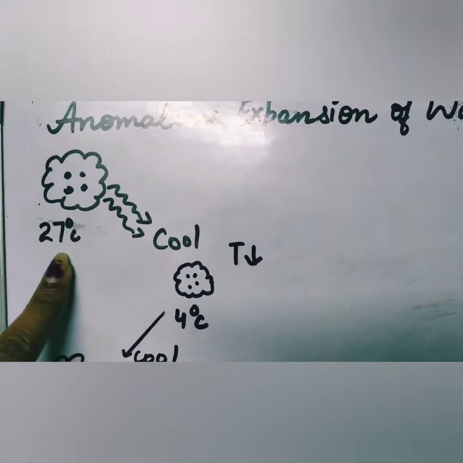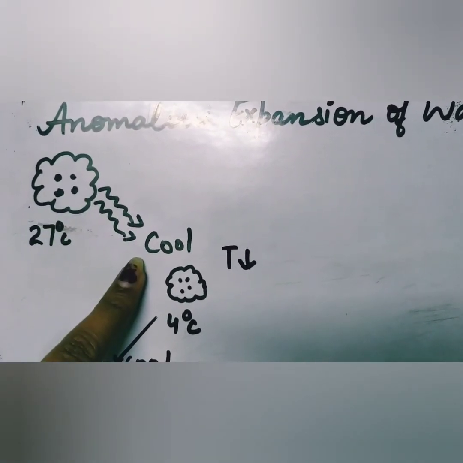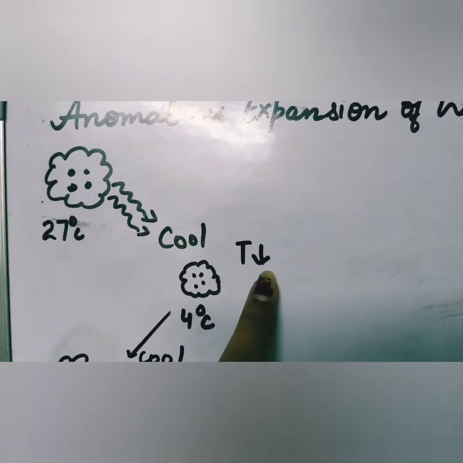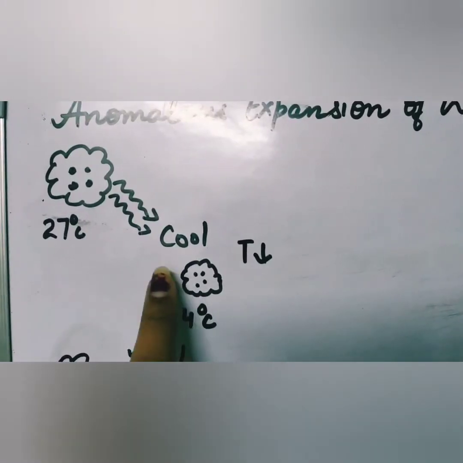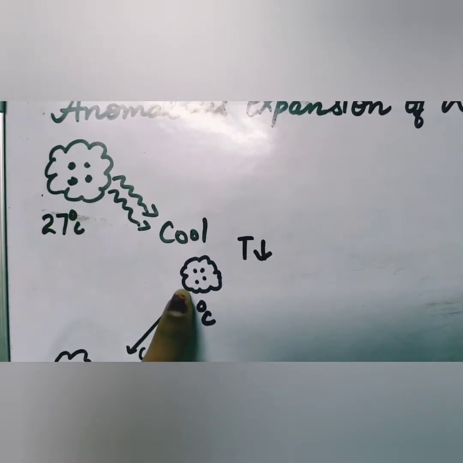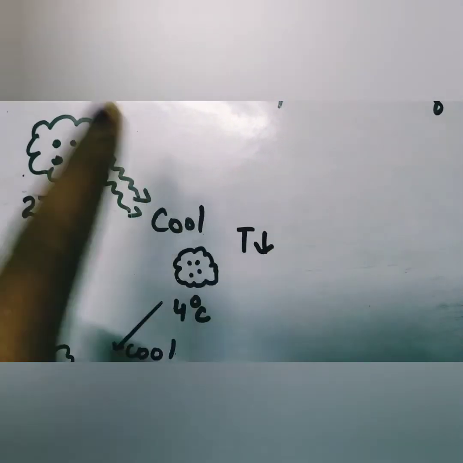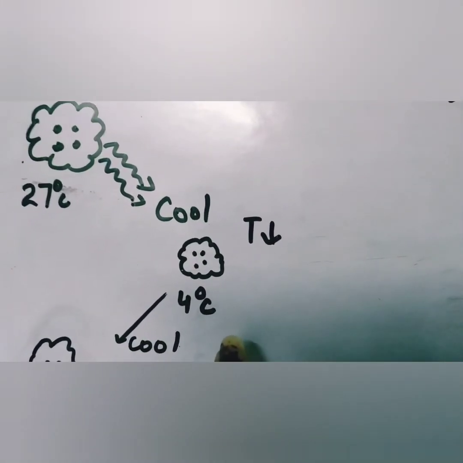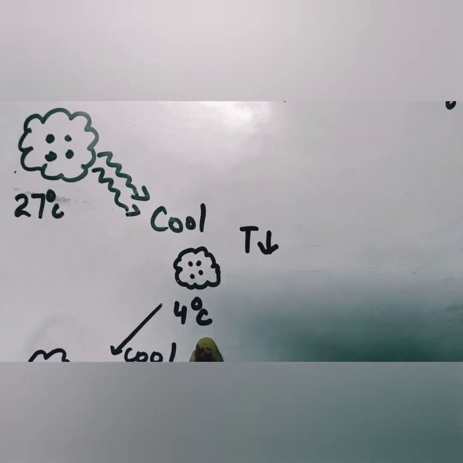This is 27 degrees Celsius. When we cool this water, that means the temperature is reduced. When the temperature is reduced, the water molecules contract and come closer. But this contraction occurs only down to 4 degrees Celsius.